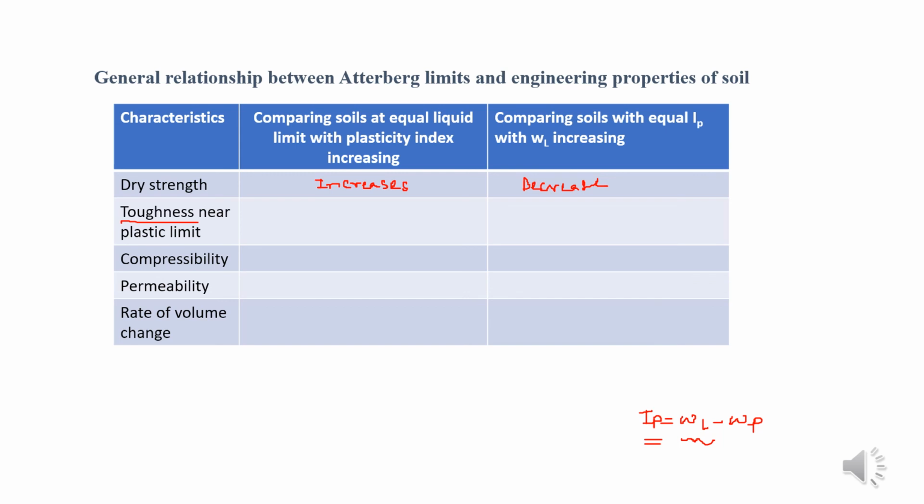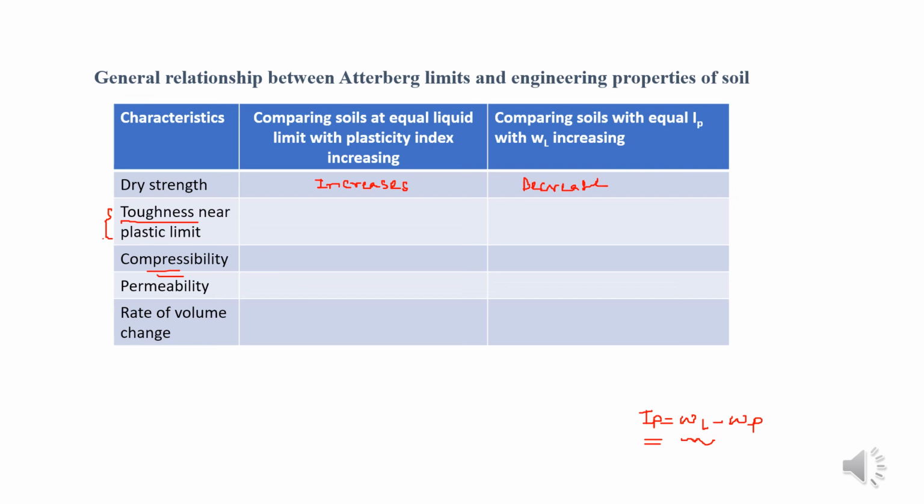Now what is toughness? Toughness is a term we already came across in the previous slide, but I didn't explain it. For now let's leave this, and we will explain it later, when we are more familiar with the term, when we talk about the determination of liquid limit in the laboratory. We'll talk about toughness there.